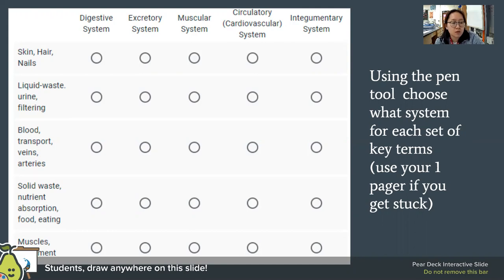Which system involves solid waste, nutrient absorption, food, and eating? And then which system involves muscles? I think that says ligaments and maybe tendons. So use your pen tool and color in the bubble that belongs with each of these key term sets. Pause and go ahead and do that.